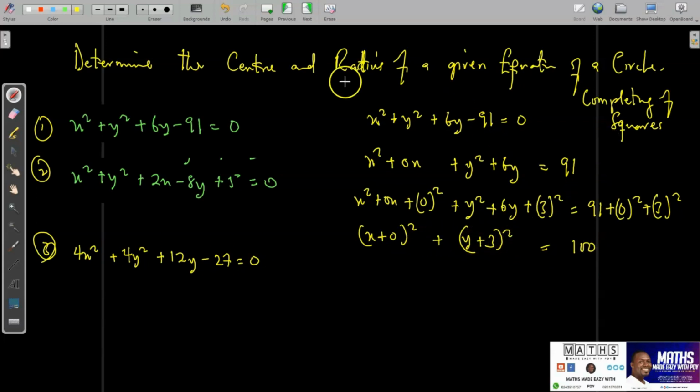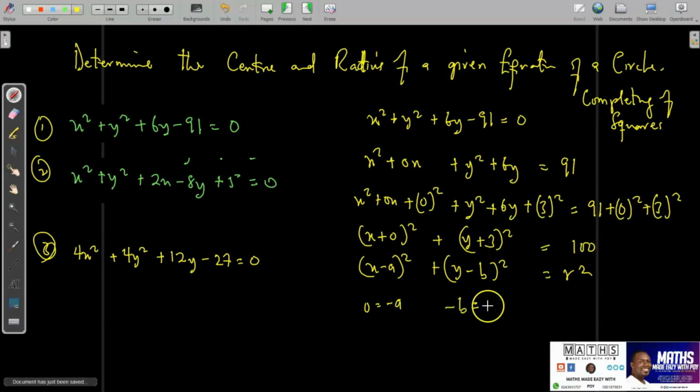But in order to get the radius as well as the center, we must compare what we have here to x minus a all squared plus y minus b all squared equal to r squared. So in the inner bracket, x plus 0 must be compared to x minus a, and y plus 3 must be compared to y minus b.